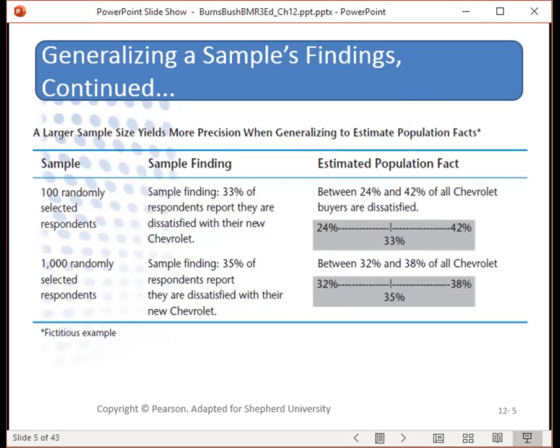But notice the range when we try to generalize this to the overall population. We get a 24 to 42% range with the 100 sample size, and we get a much smaller, or in other words, a more precise interval for the overall population estimate of 32% to 38%.